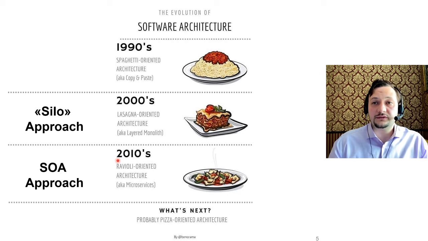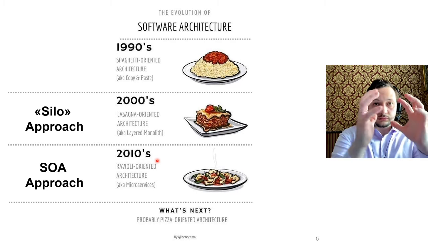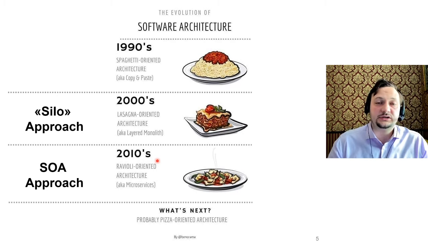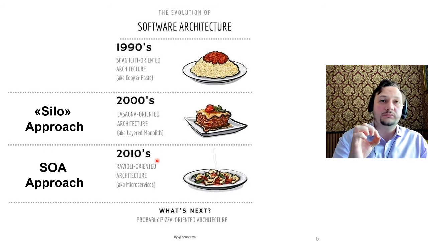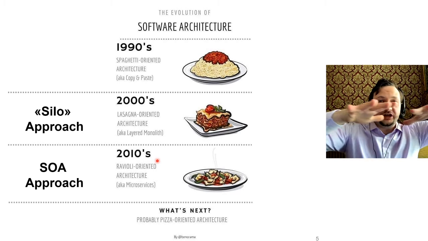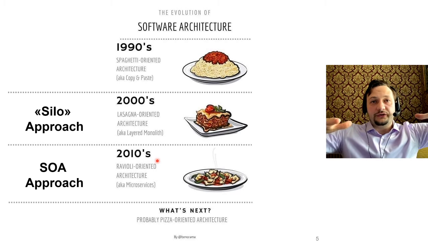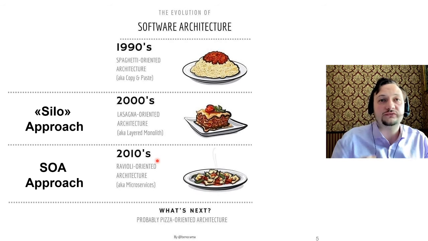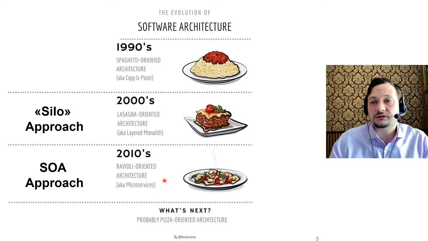And in the 2010s, we started to break this lasagna into smaller pieces. Inside each piece, we still have the data, but now this data is not shared across the whole monolith. It is inside the small piece of the service. These guys call this ravioli-oriented architecture.